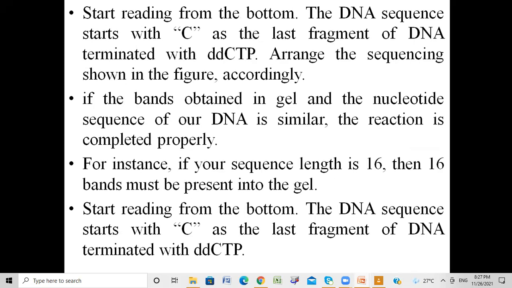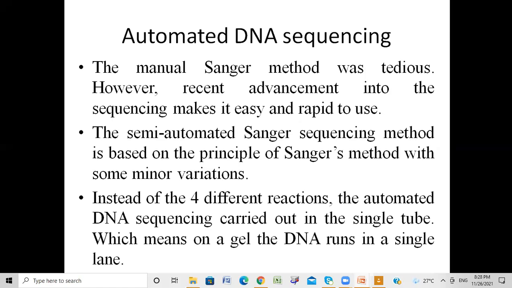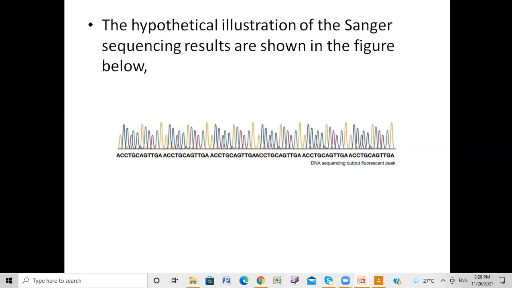Then start reading from the smallest to the largest. That is Sanger sequencing.